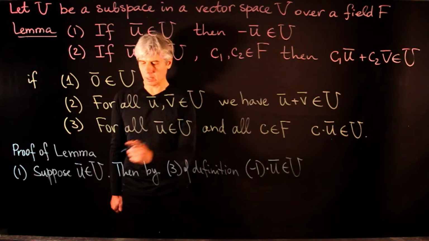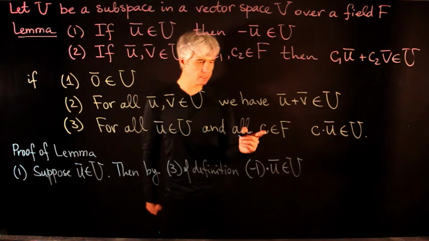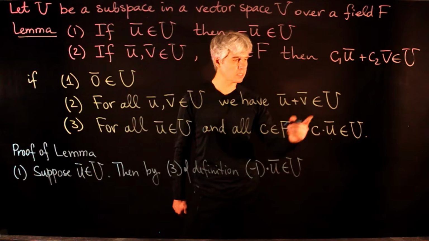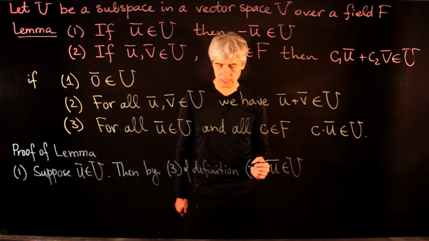So here we know that if we have any vector in a subspace and any scalar, then this scalar multiple of a vector is going to be again in the subspace.